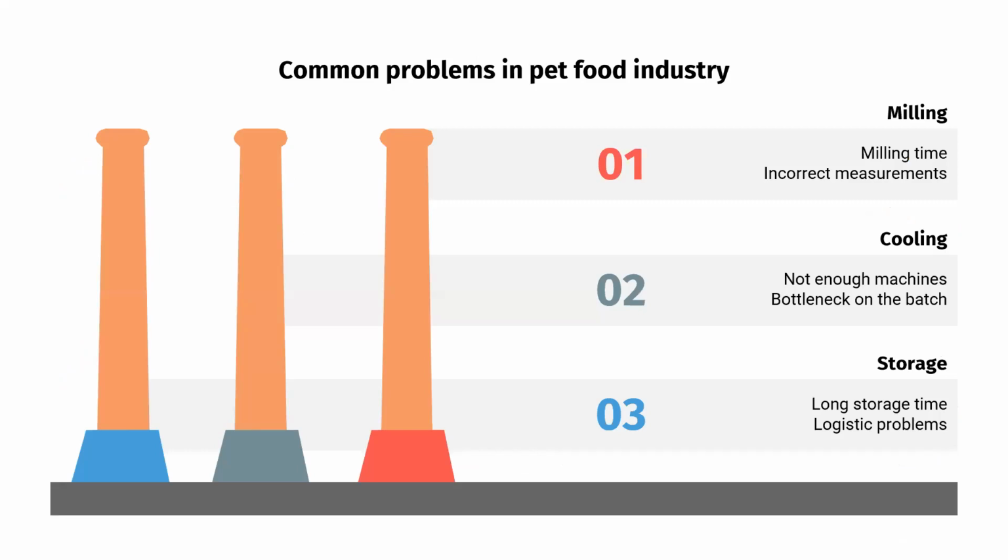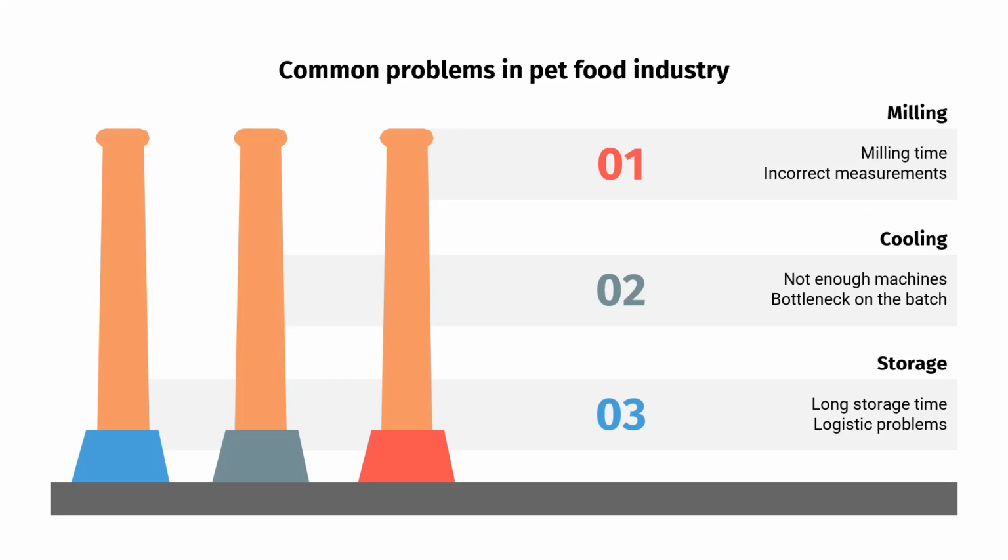So, given this background, we have the common problems in the pet industry. The first one is the milling. In the milling process, we add some ingredients to make a mix to make the product. We have to be very careful with the milling time and the measurements, because if we fail in one of these, the product will not have the quality that we expect.